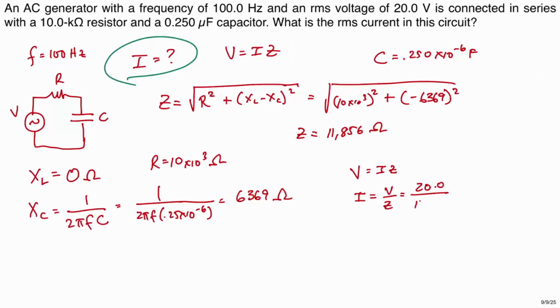And I divide by 11,856. And then I got 0.00169 amps, or 1.69 milliamps. Wiley Plus will probably do some annoying thing where instead of letting me type it in amps, it'll want milliamps or picoamps or femtoamps, some weird thing.